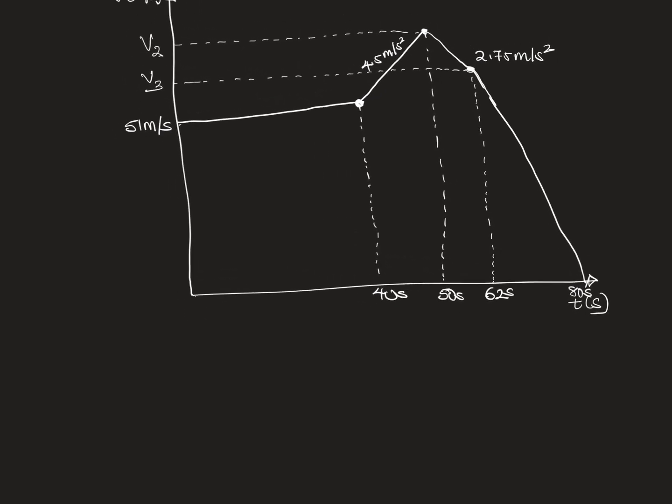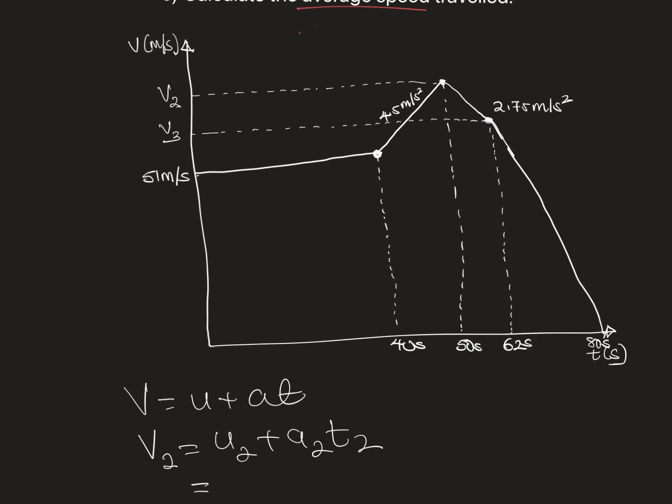For the second event, we know that v = u + at, so I can say v2 = u2 + a2 t2. The final velocity for the second event is equal to the initial velocity for the second event plus the acceleration in the second event multiplied by the time taken in the second event. What is the initial velocity for the second event?